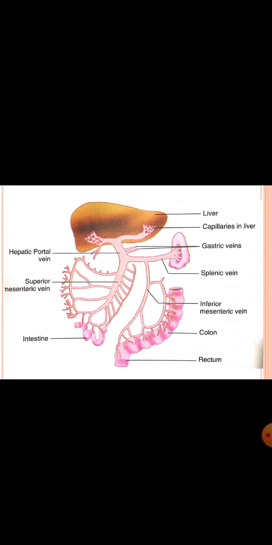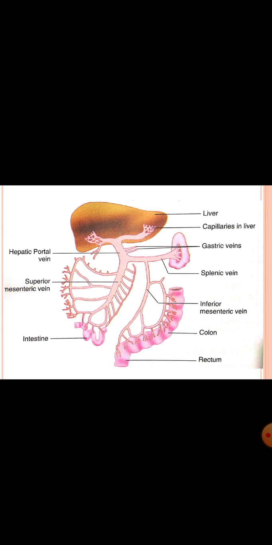Means in hepatic portal circulation, blood from the alimentary canal is taken through the hepatic portal vein to the liver before transporting to the heart. The veins that collect blood from different parts of the alimentary canal, spleen and pancreas do not open directly into the inferior vena cava.